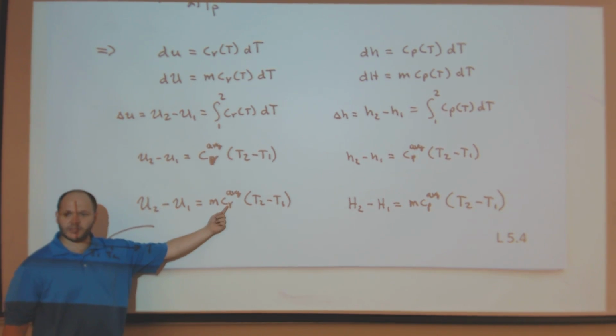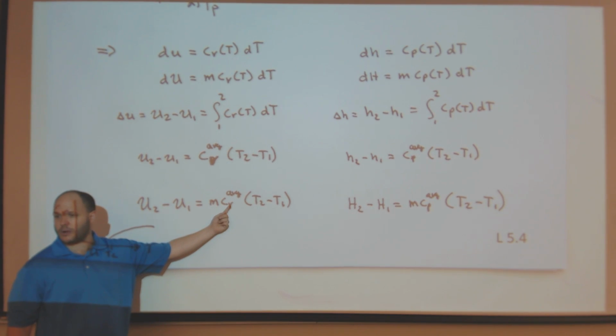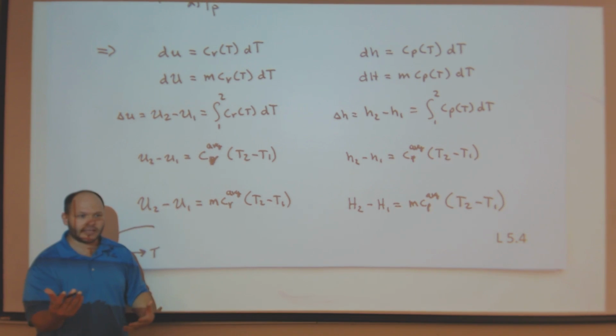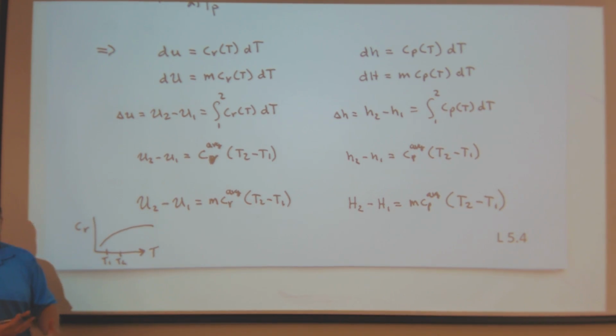So I always recommend the simplest thing: just make average values for a lot of properties, do a calculation, then evaluate how important it would be to do more detailed calculations.